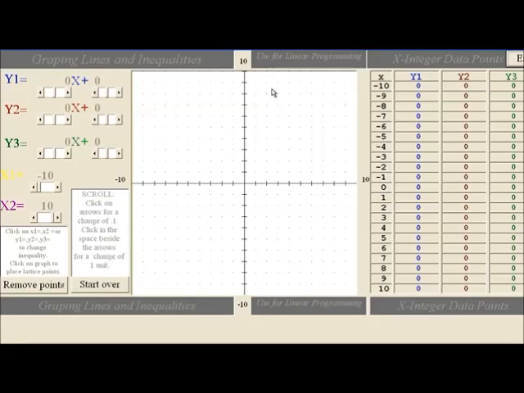So I made this graphing utility, which has scroll bars that change by the 10th, and there is the ability to put in 3 lines in y equals mx plus b form, and 2 vertical lines, which I think would be sufficient to solve some linear programming problems. And this will also help when you're trying to see the relationship between inequalities and equalities. So let's just look at this utility.